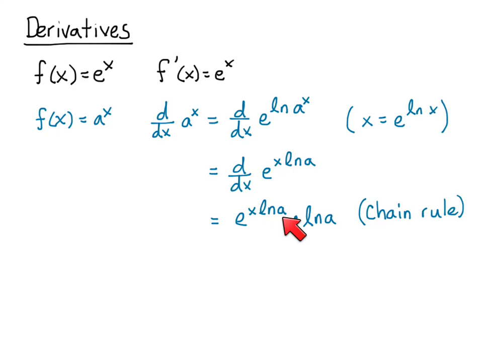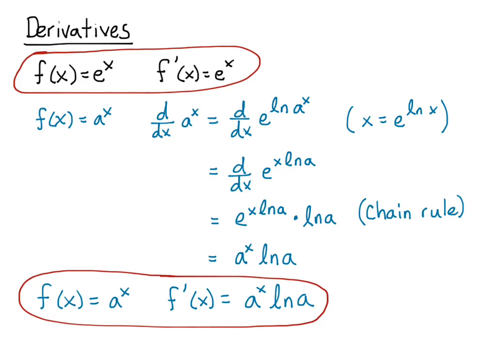That ln a is a constant, so it's like the derivative of 3x is 3. Then by the chain rule, we get that. And look what I have here. This is exactly that substitution I made up here, so that's going to be a to the x. So the derivative of a to the x is going to be a to the x ln a.